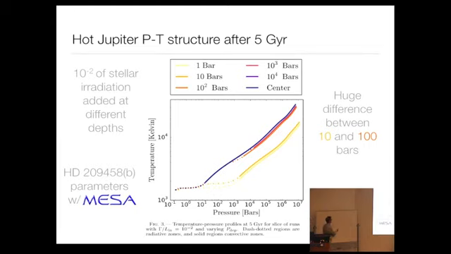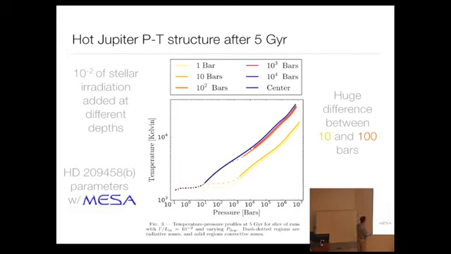Here we're showing the results of some evolutionary models that were run with MESA for HD 209458 type parameters, where we took 1% of the stellar irradiation and deposited it with some width, of order a scale height or so, at different pressure levels in the atmosphere and allowed the planet to cool for 5 gigayears.